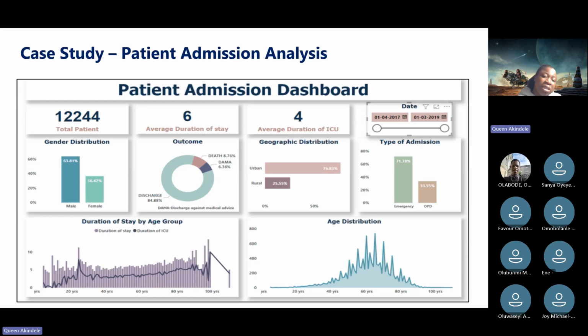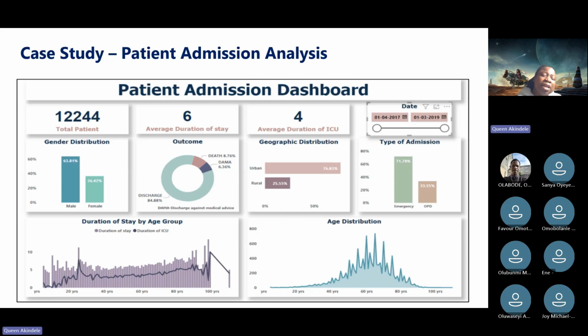And that's where you see the date here. You understand? Based on the quality and the efficiency of your service delivery, how long do people stay in admission? How long do people stay in your intensive care units?